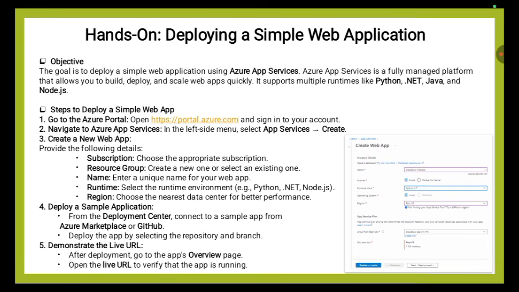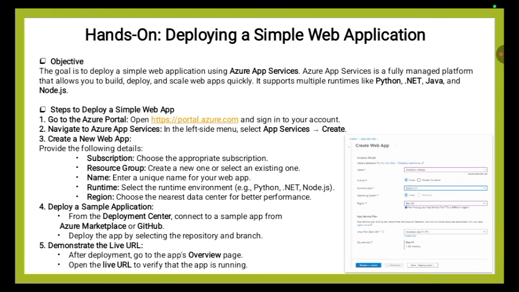So from these details, we get to understand that Azure App Services is a fully managed platform for building, deploying and scaling web applications. It supports multiple runtimes including Python, .NET, Java and Node.js, enabling developers to quickly launch applications without managing infrastructure. To deploy a web app, you will need to go to the Azure portal and select App Services, Create.